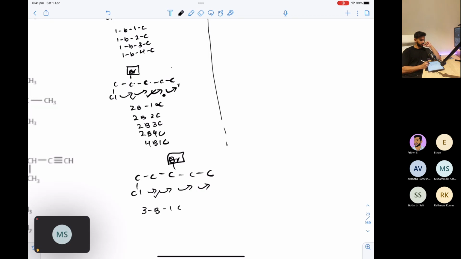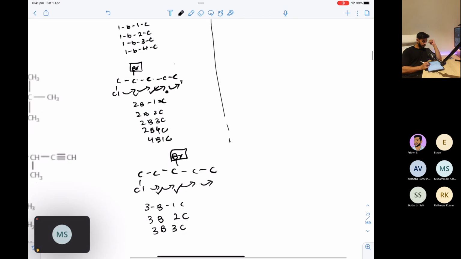So it's 3 bromo, 1 chloro. If we move it to this position, what would it be called? 3 bromo, 2 chloro. Yeah. Good. So this would be 3 bromo, 2 chloro. I'm just thinking, can we name it shorter? No, we can't. What if it moves to this position? 3 bromo, 3 chloro.